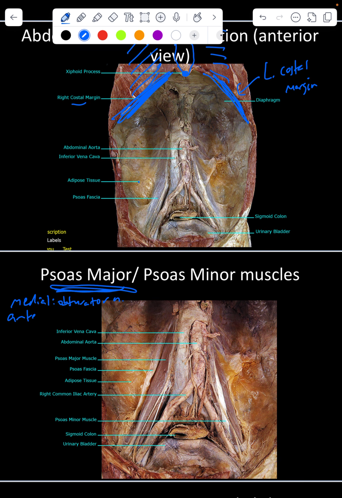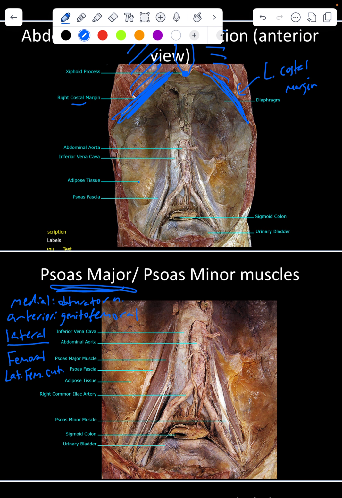Anterior to it is genitofemoral or femoral, whatever. And then lateral to it, you're going to have 4. You're going to have femoral. Then lateral to that, you're going to have lateral femoral cutaneous.